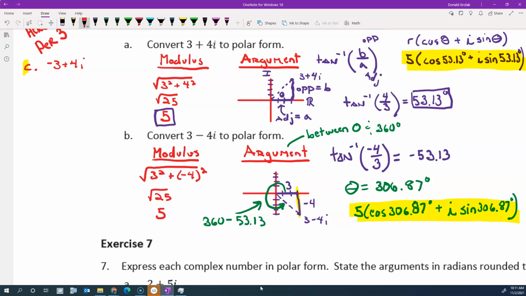Okay, so its modulus is still 5. But when we plot it, 1, 2, 3, 1, 2, 3, 4, it's located right there.